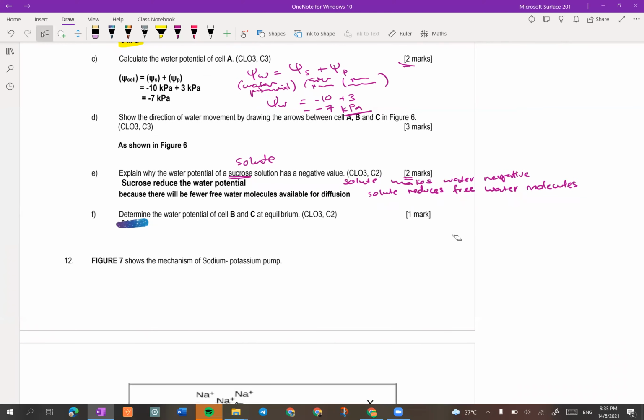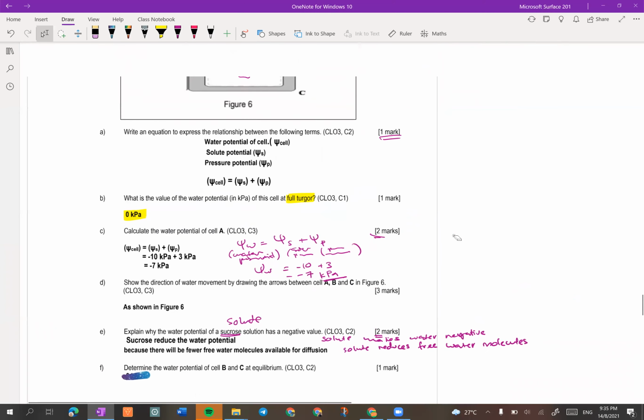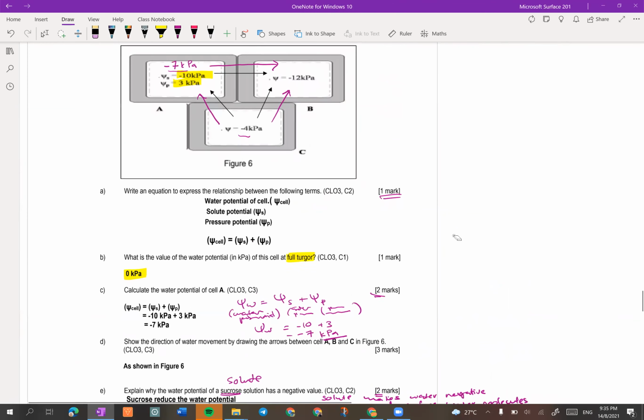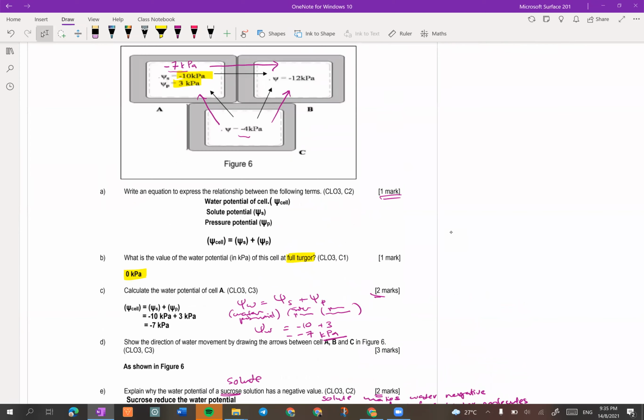Next, determine the water potential of B and C at equilibrium. So we look at B and C at equilibrium. The answer is -8 kPa. We look at B and C, this is -12, this is -4. So you add them, it becomes -16, divided by 2.